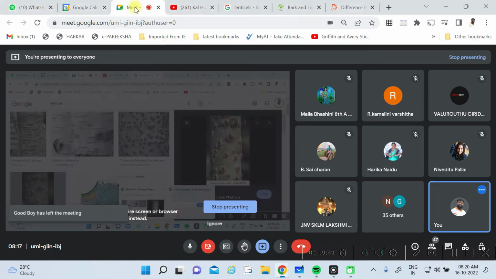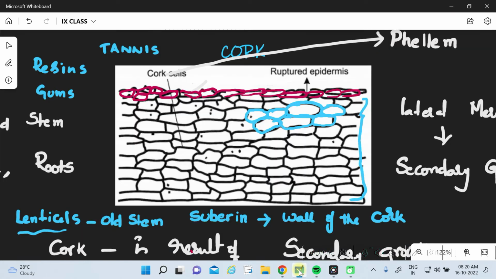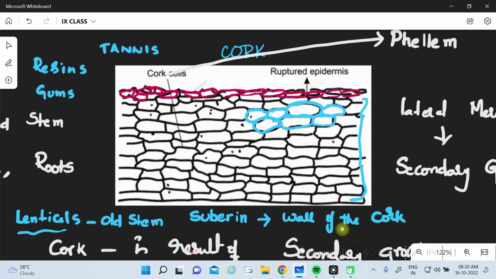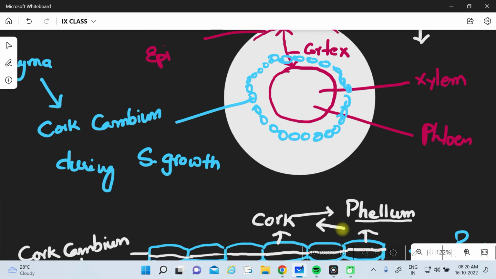Now let me come to the functions of cork. When we talk about the functions, the first function is protection against water loss.